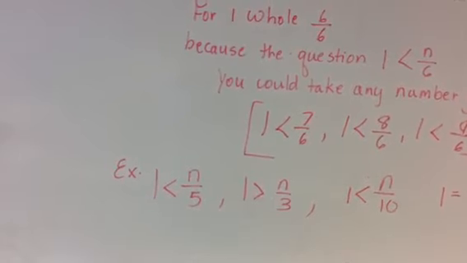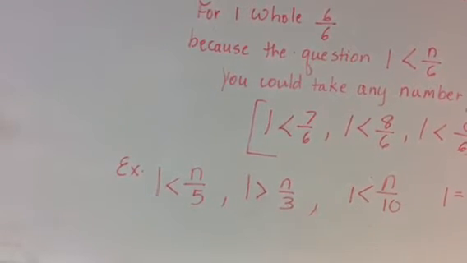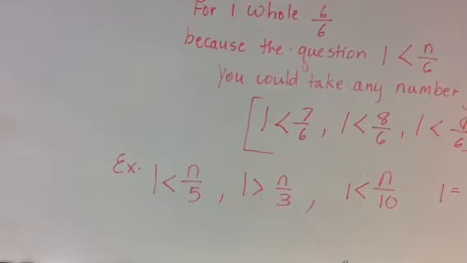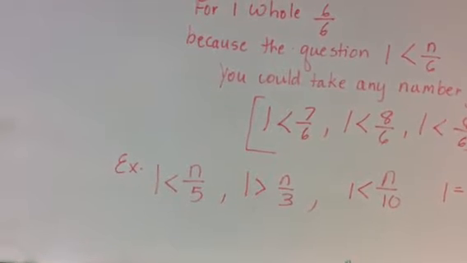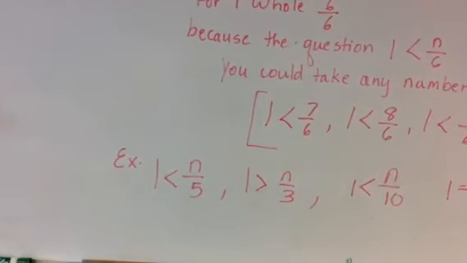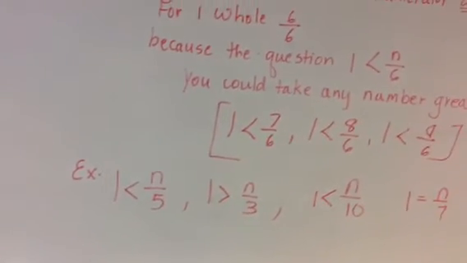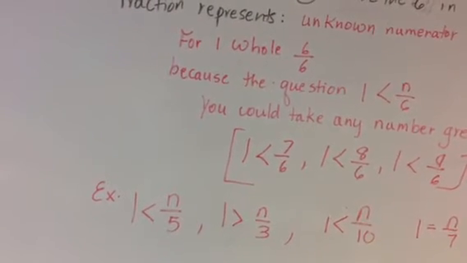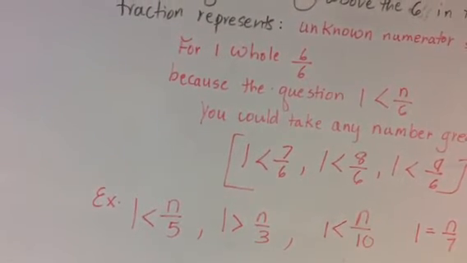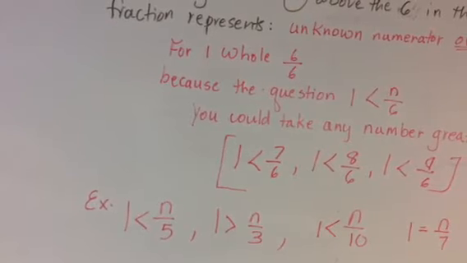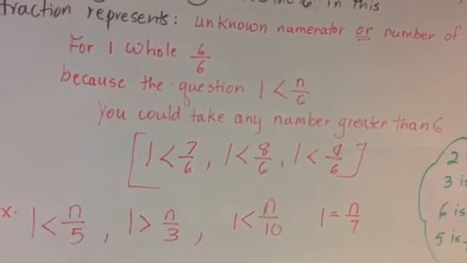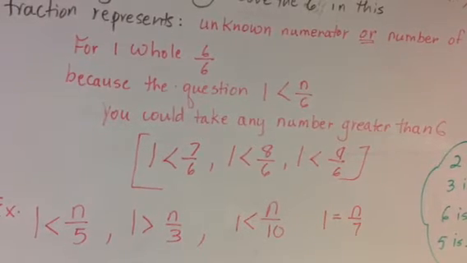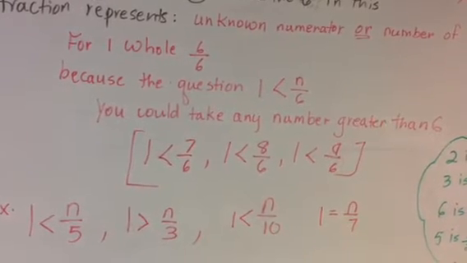And if 1 is greater than n/3, that means the n should be 2, or the unknown number could be 2, because it has to be smaller than the denominator. And if 1 is lesser than n over 10, then n could be 11 over 10 or 12 over 10. And if 1 is equal to n over 7, then n is equal to 7 over 7.